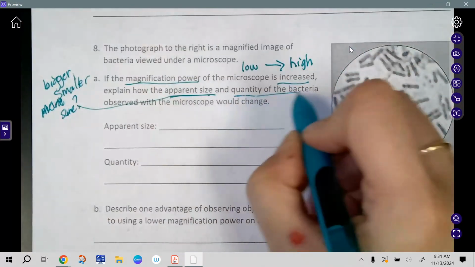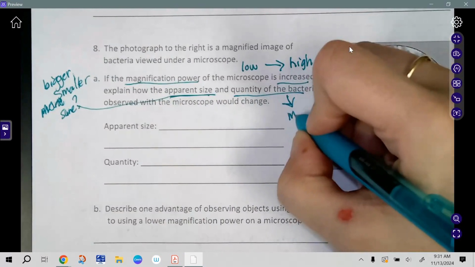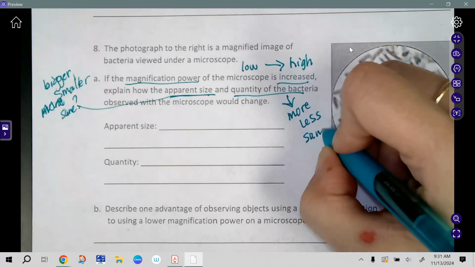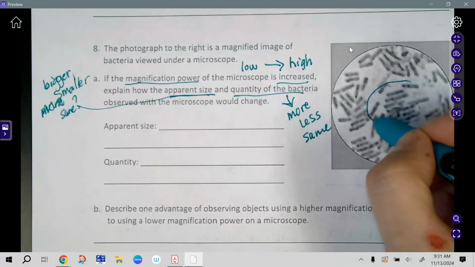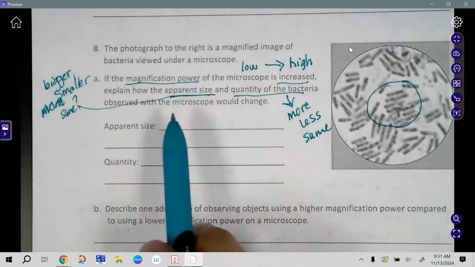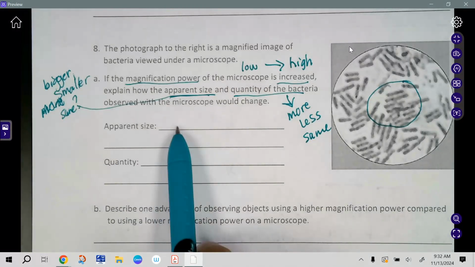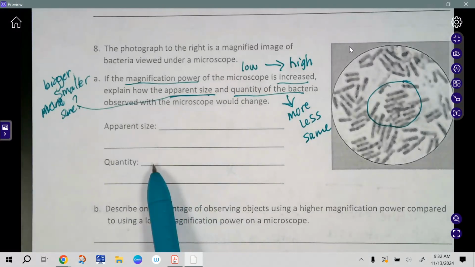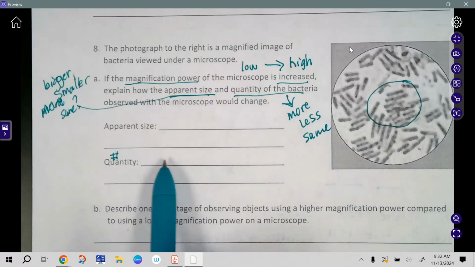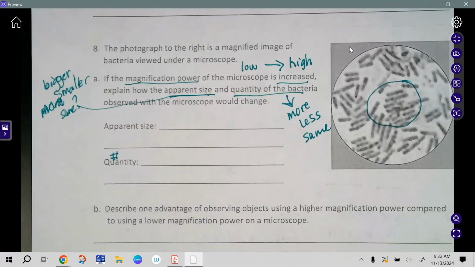With the quantity, would I see more of them? Would I see less of them? Or would it look the same? Think about it. If I increase my magnification, what's going to happen? So you're telling me apparent size, bigger, smaller, or the same. Quantity, which is the number. Would I see more of them, less of them, or would it be the same?